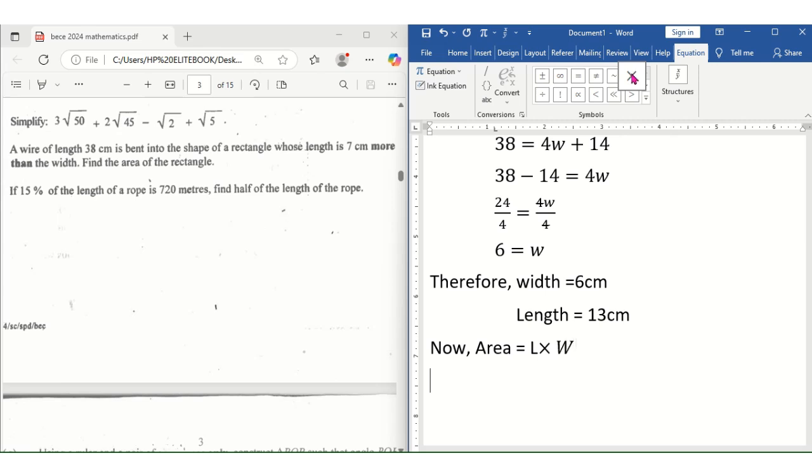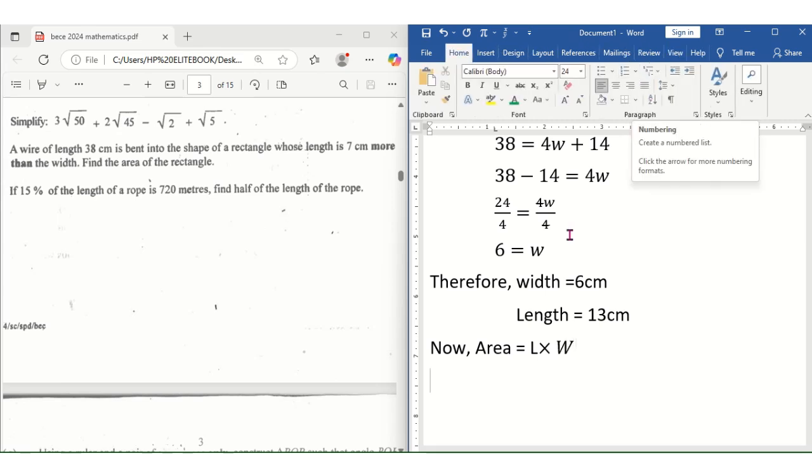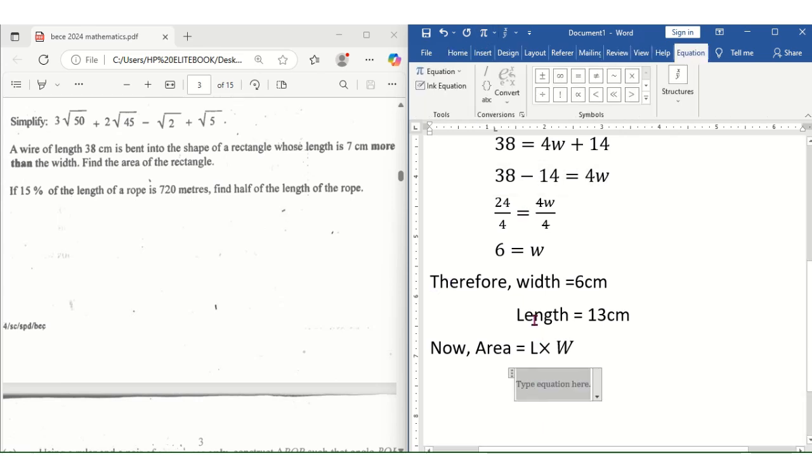Length times width, which in other words is L times W. So, in our next step, now we know the length to be 13 centimeters, we know the width to be 6 centimeters. So that will give us length, which is 13, multiplied by the width, which is 6.